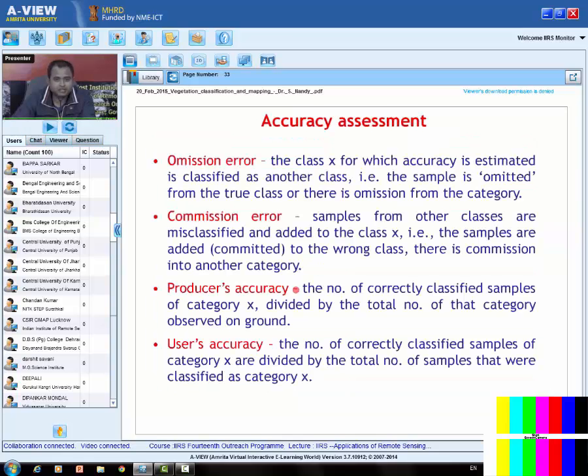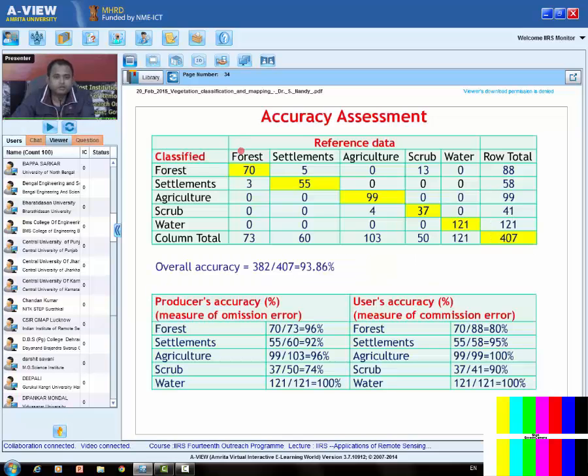As I said earlier, the number of correctly classified samples of category X divided by the total number of that category observed on the ground is producer accuracy. So 70 by 73, about 96 percent. This is the omission error measure for that class. And 70 by 88 is the commission error measure.